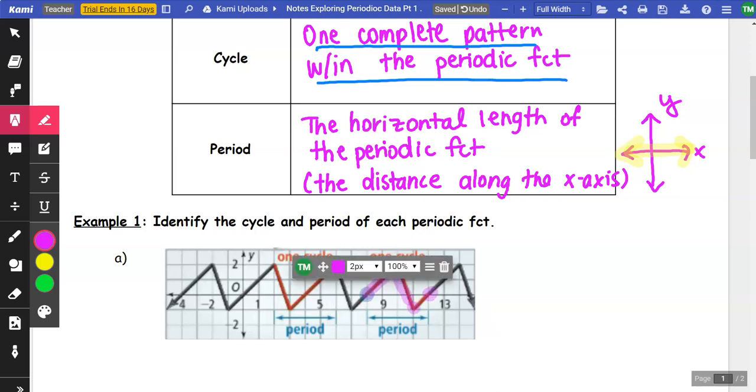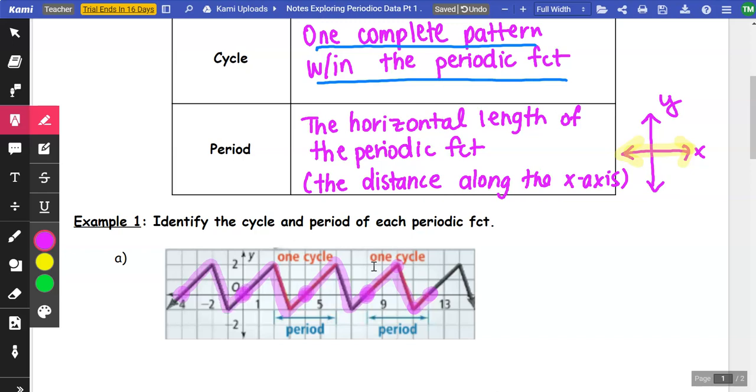This little chunk we can see repeat itself over and over again in this periodic function. I could start at this 0 and end at 0 again, start at this 0 and end at 0 again.